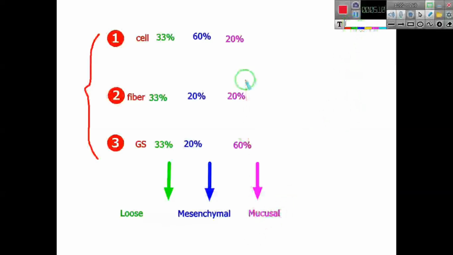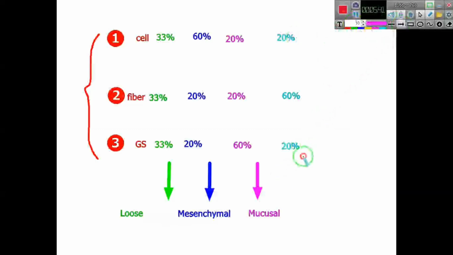Mucosal connective tissue. And the last possibility, a high amount of fibers, 60% for fibers and equal for cell and ground substance.